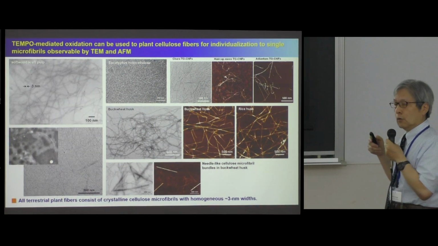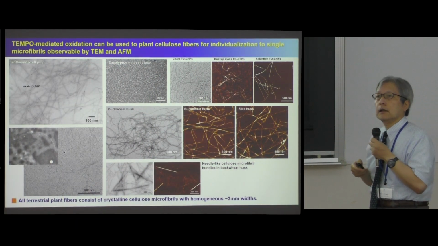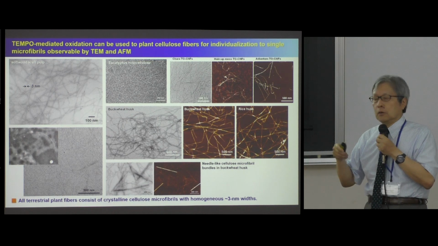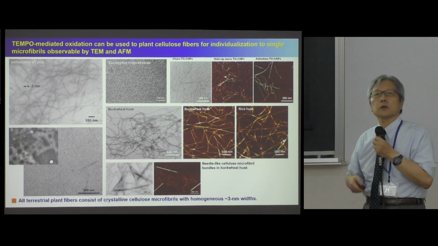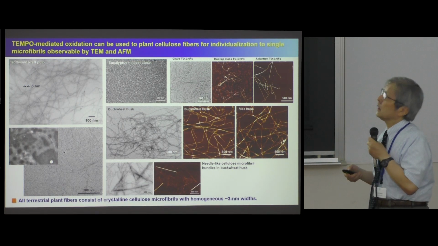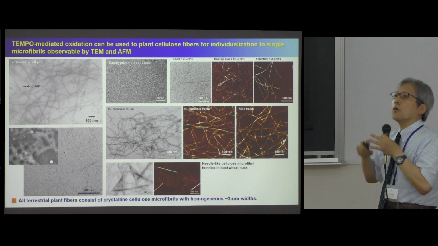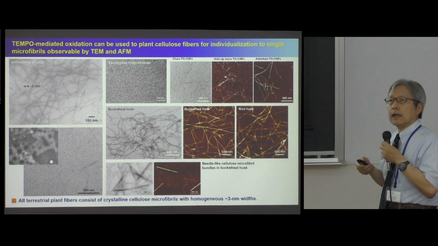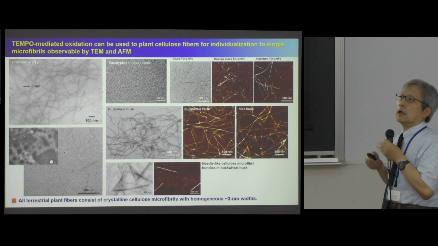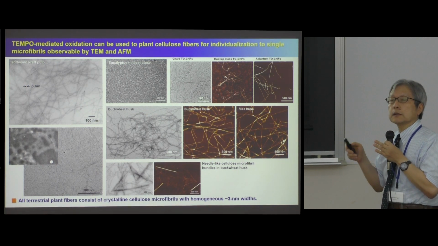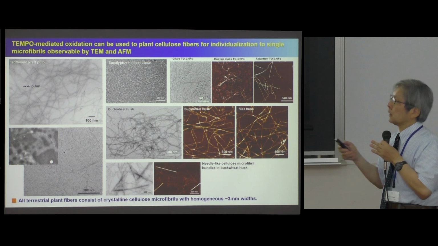And because we are in a graduate school of agriculture and life science, first we tried to check all the terrestrial plants to see whether the microfiber widths are the same size or not.